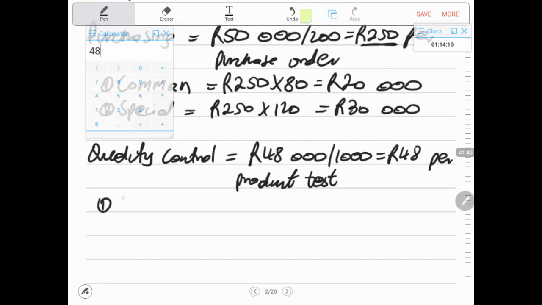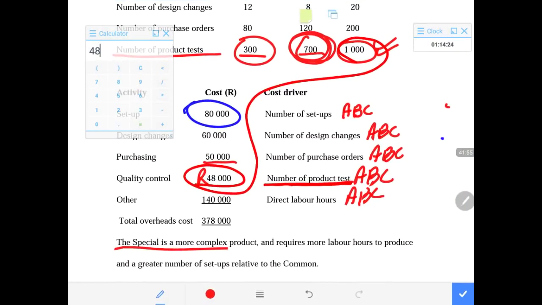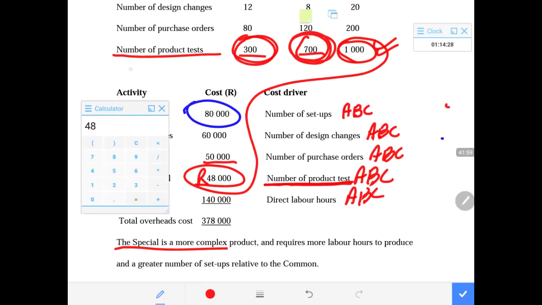Then we say how many product tests were done for Product Common. That will be 48 times 300, because they had only 300 tests for Product Common. And where do I get that information? There we do have the number of product tests. It was 300.